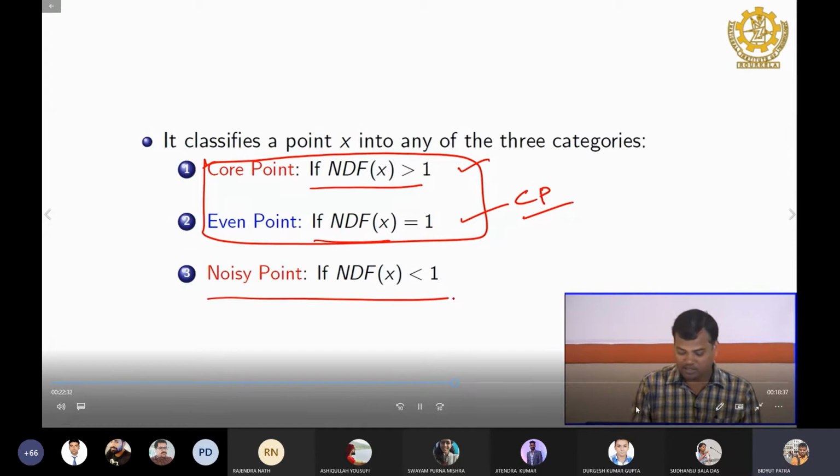And if the value is less than 1, we say it is a noisy point. It is a similar style to DBSCAN, but how does DBSCAN compute? DBSCAN computes with epsilon and minimum points, but NBC computes in terms of the neighborhood relation.